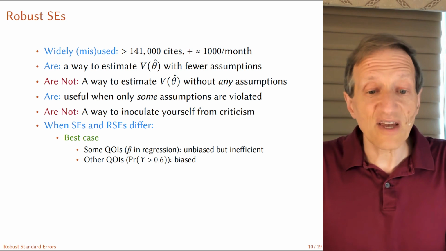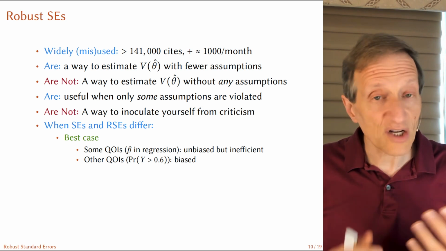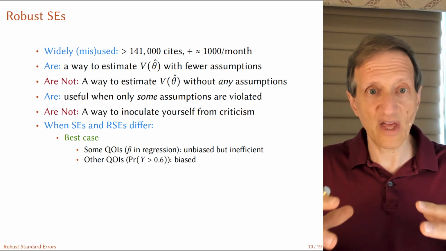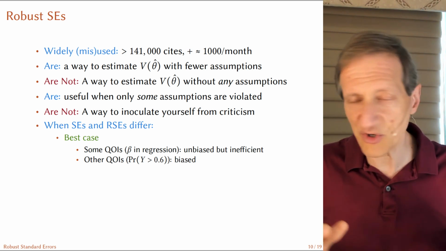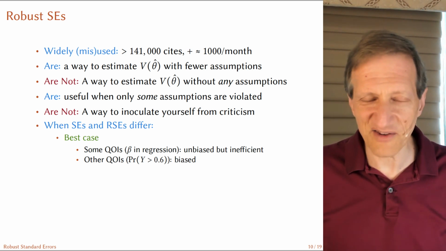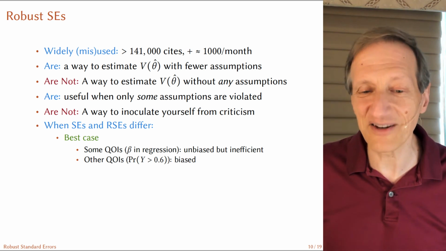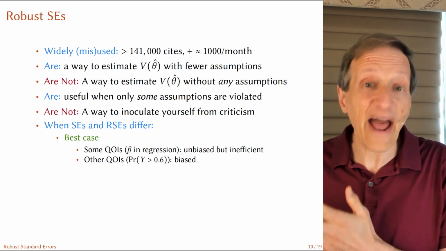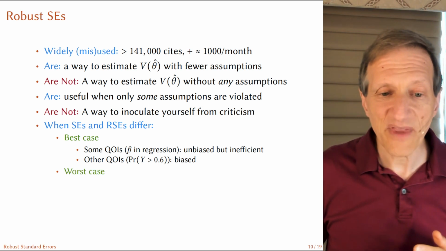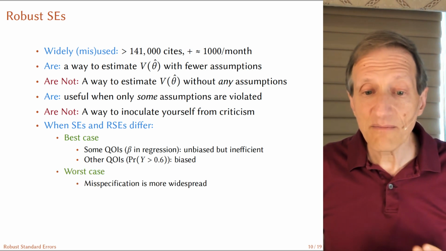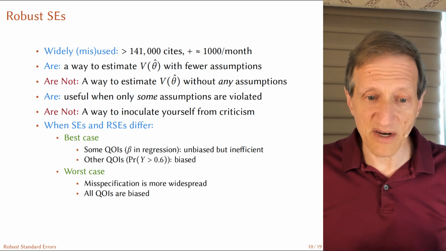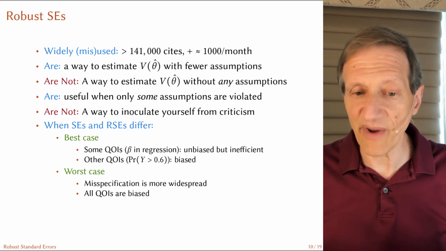It also indicates that other quantities of interest, such as features that involve the probability distribution, like the probability that, in this example, y is greater than 0.6, or the probability that one candidate is going to win, are biased if the model's biased.